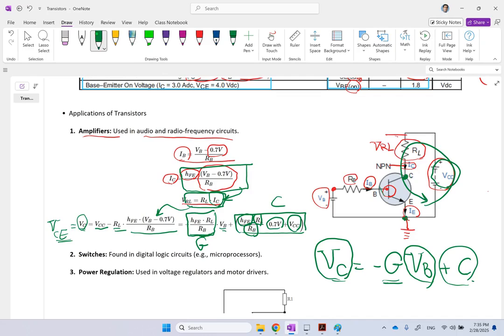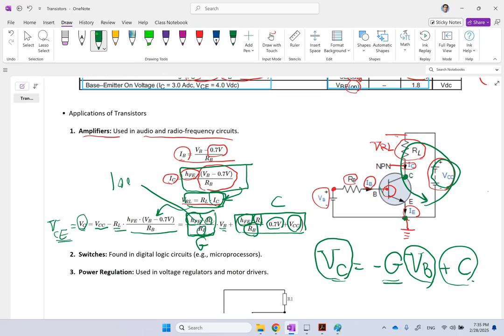And this G, is this G big or small? Well, if you look at the three parameters of it, one of them is the beta or HFE, and that is very large if you are working in the linear region. Remember, this HFE can be like 100 or bigger. And the rest of it is RL over RB.